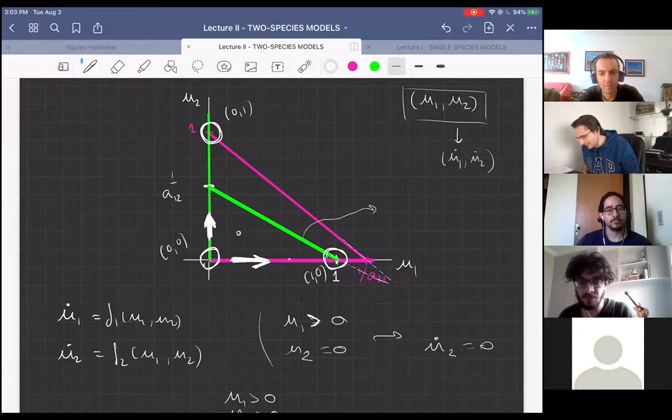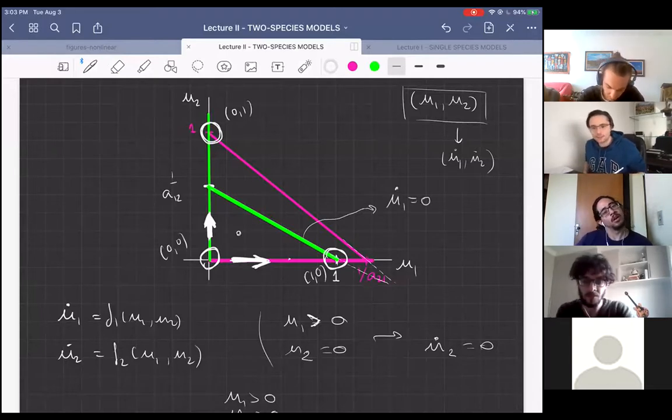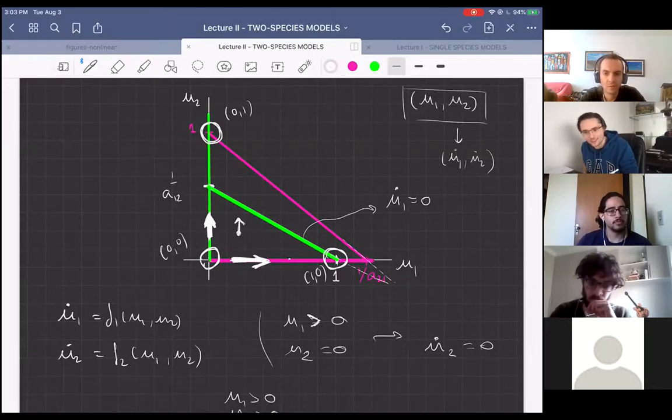over which, and now I don't remember, blue was for U1. Yes. In this line, the derivative of U1 is 0. It's the definition of nullcline. So if I don't cross it, here it's also positive. That's why I was so insistent on saying it's always here if I don't cross.